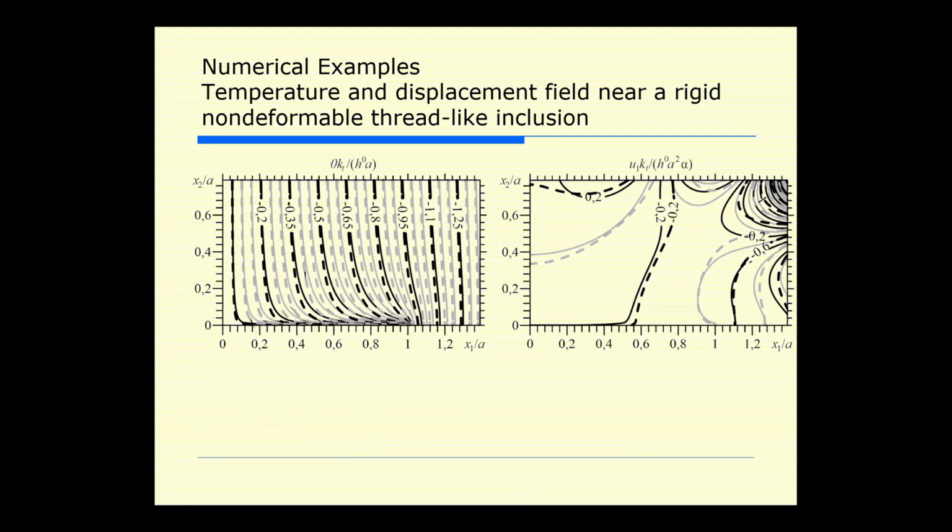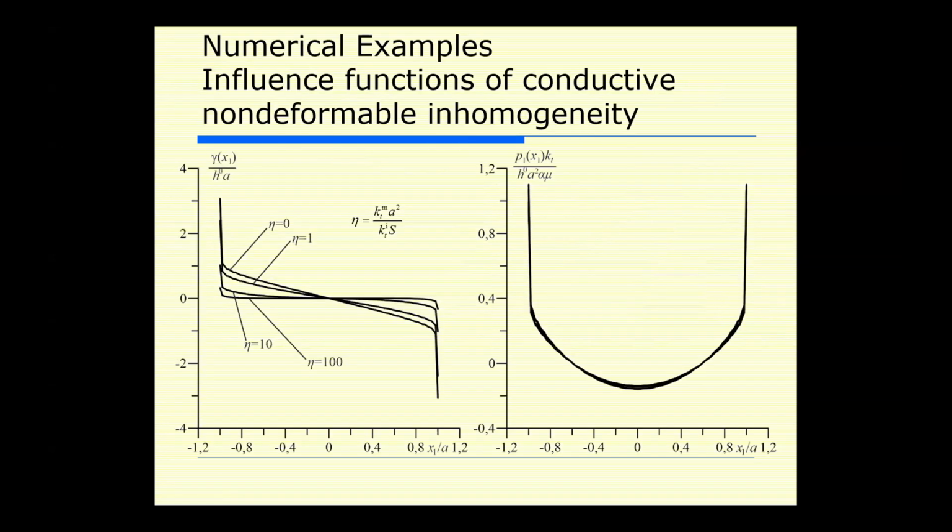Numerical examples. Temperature and displacement fields near a non-deformable thread-like inclusion were modeled, and we got these figures, the solutions. The second numerical example is the influence function of a conducting non-deformable inhomogeneity.